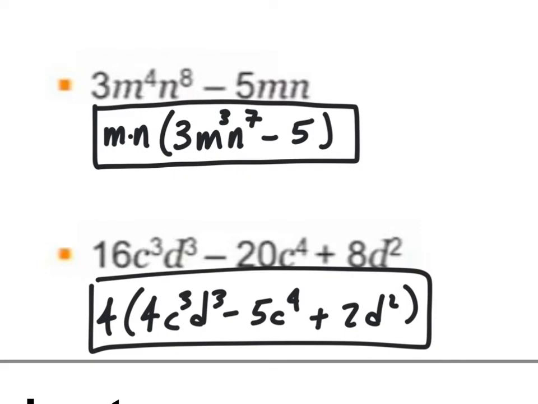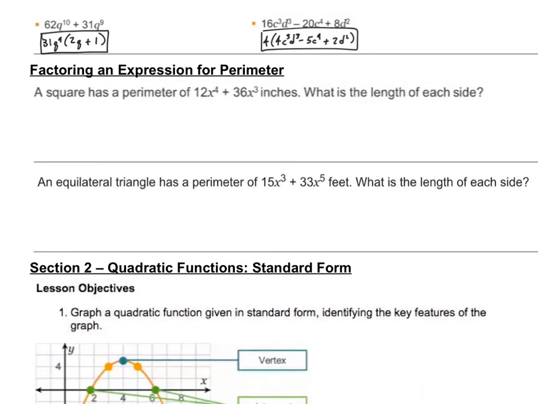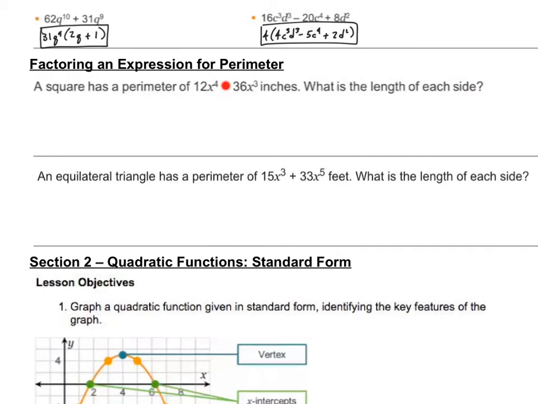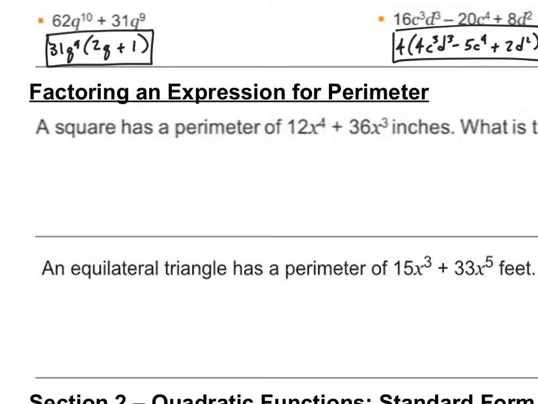So, let's take a look at some application problems real quick. It says that a square has a perimeter of 12x to the fourth plus 36x cubed inches. What is the length of each side? What we know is that the perimeter is just 4 times the side length.